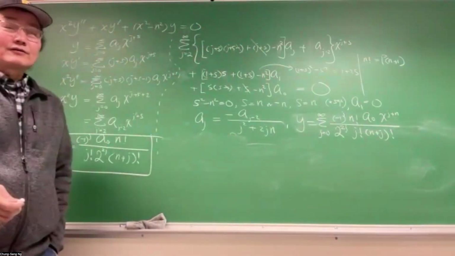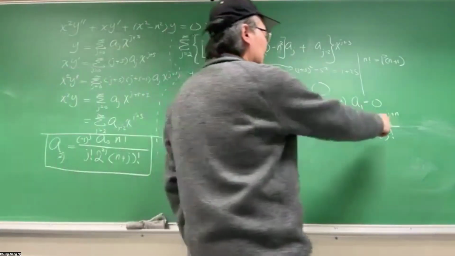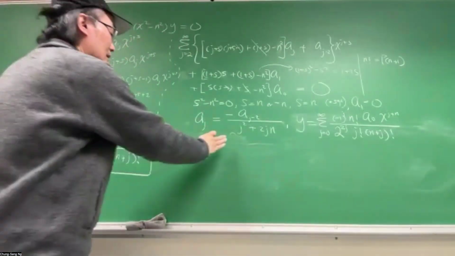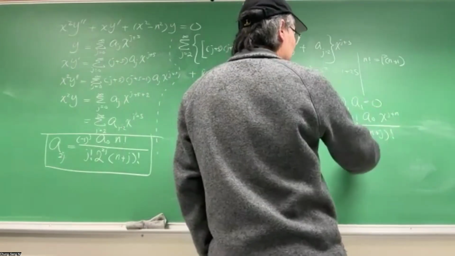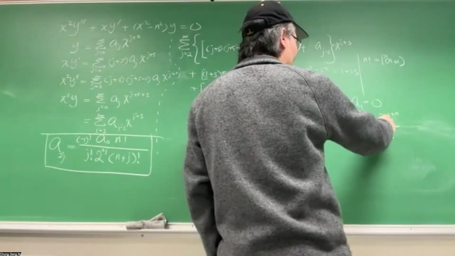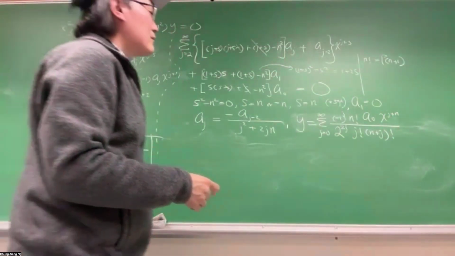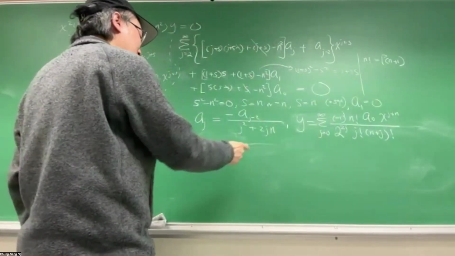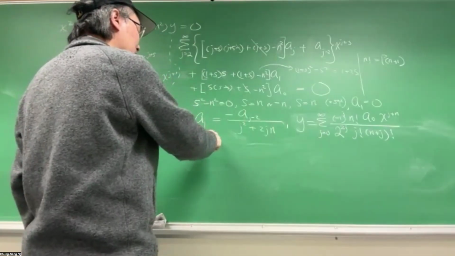Now the troubling case is if n is a negative integer, because it means you start with a negative integer power of x, which is not the problem. It's just that you have a singularity near x equals 0, but the problem is the iteration.